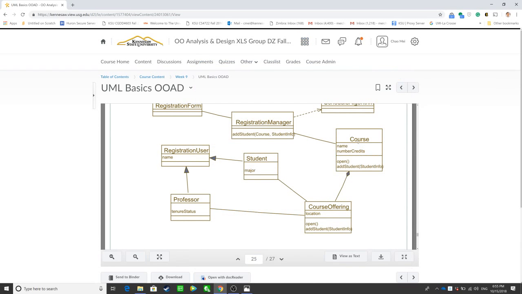A lot of professors are offering this course. I'm one of them. So this course offering may be referring to this course I'm offering right now in this room. We have a location, and students assigned to the course. And the course actually has a course offering. Maybe it has something else.